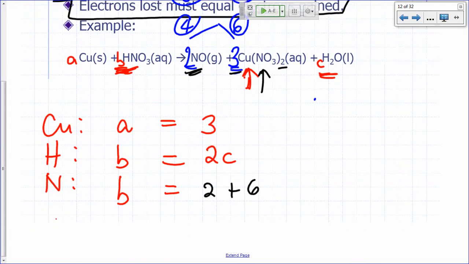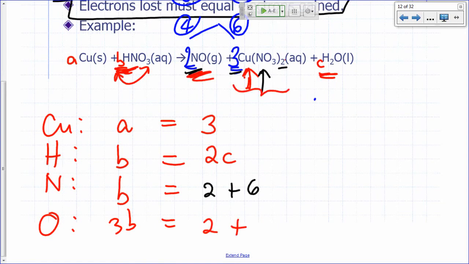And finally, if I want to balance oxygen, what should I have? B times 3, so that's 3B. How many oxygens do I have on the right? There's 2 here, plus 2 times 3, that's 6, times 3, what's 6 times 3? 18, plus another oxygen here, C, right? Do I know what A is?